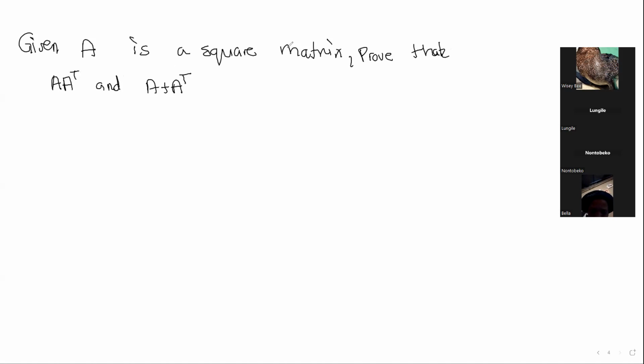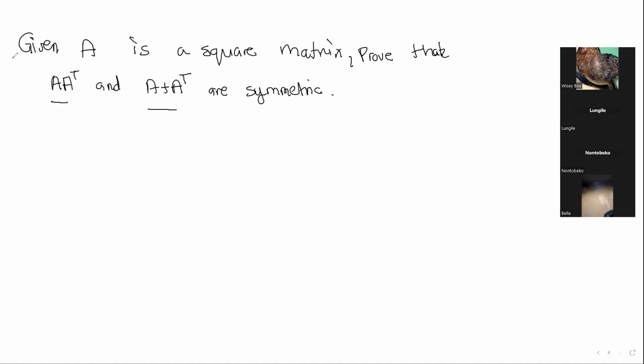I'll just show you one he showed in the previous exam, the one that we wrote in December. It's almost along this line. So you must prove that this is symmetric. You need to prove that this and this is symmetric, right?